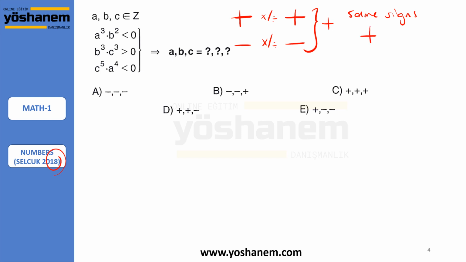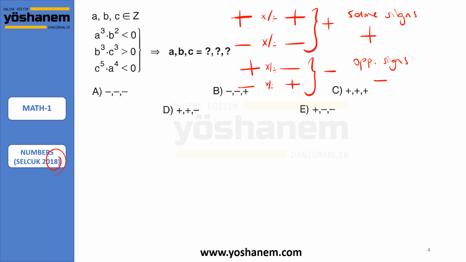For opposite signs, like positive and negative or negative and positive, multiplying or dividing will be negative. So I can say opposite signs, negative.